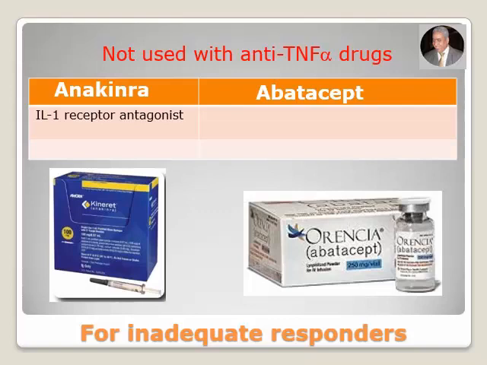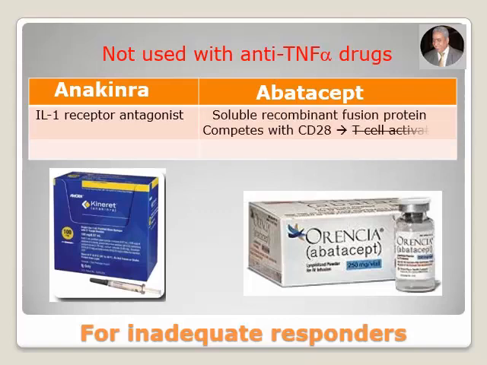Anakinra blocks the interleukin-1 receptor, and abatacept blocks the receptor for CD28 on the T lymphocytes, thus preventing their activation. Anakinra is given as a daily subcutaneous injection, and abatacept is given as a monthly infusion. Finally, this is an algorithm for treatment.